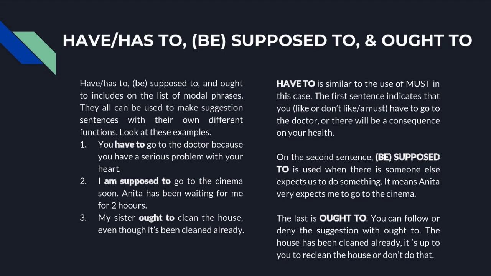Seperti di kalimat kedua, I'm supposed to go to the cinema soon. Anita has been waiting for me for 2 hours. Nah, saya seharusnya pergi ke bioskop sekarang. Yang mengharapkan saya untuk pergi ke bioskop adalah Anita. Ada seseorang yang mengharapkan kedatangan saya ke bioskop. Itu menggunakan be supposed to.